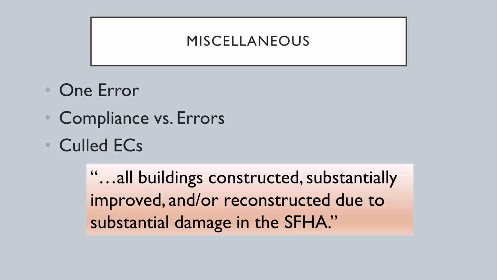However, ECs that were marked in C1 as being based on construction drawings or buildings under construction are considered errors, since this is not the final information needed for CRS purposes. Remember, only finished construction ECs are required for CRS purposes, so please be careful with what you are submitting.